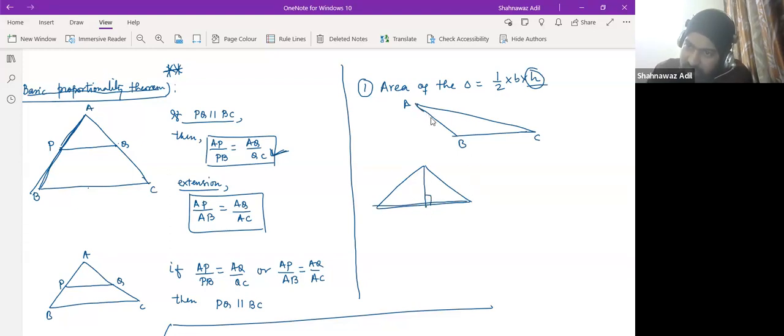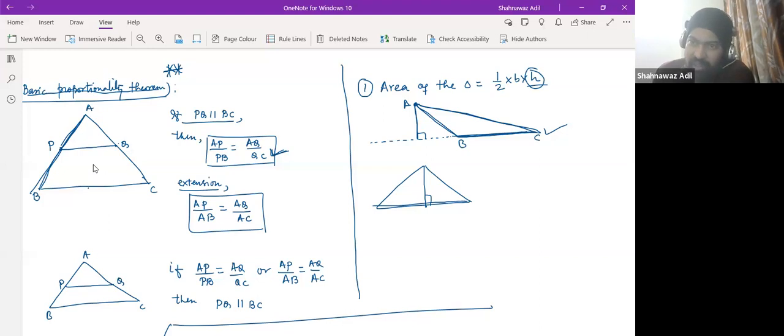But for this other triangle, if I want to draw a perpendicular from A to BC, I have to extend this line, and only then can I drop a perpendicular. This is one thing we have to understand in proving this.